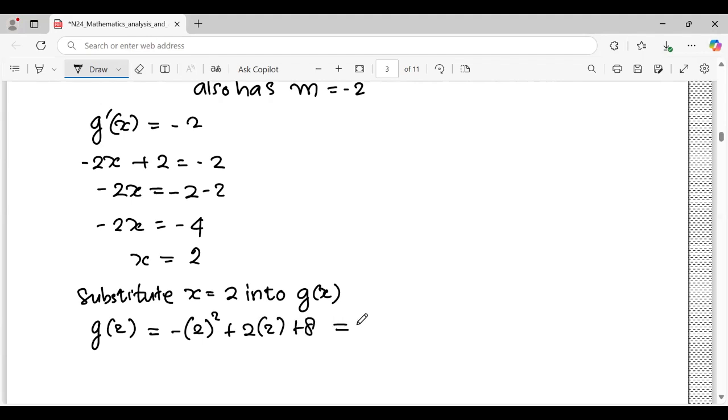If you calculate, it equals 8. So coordinate point P is 2, 8. That's one.